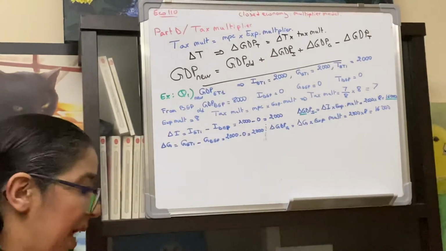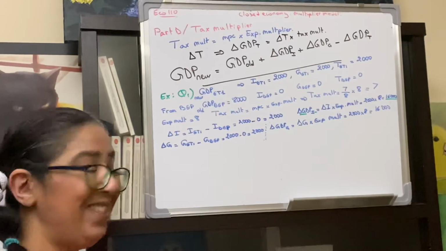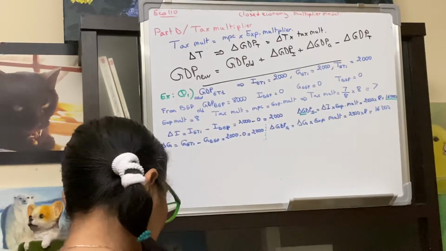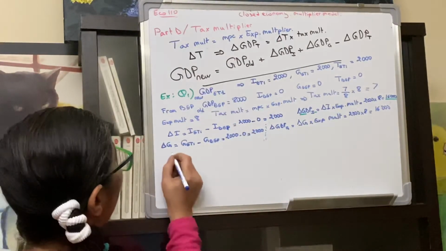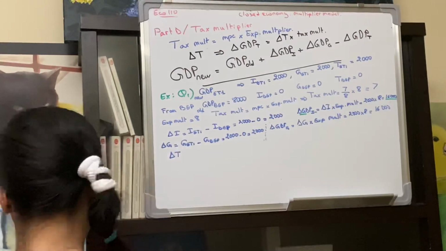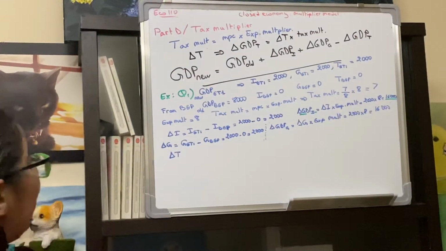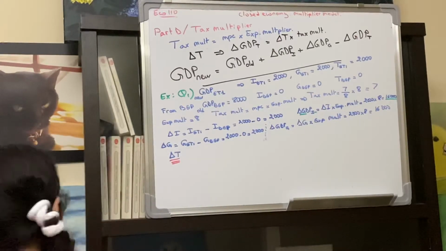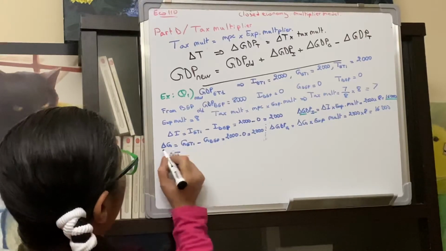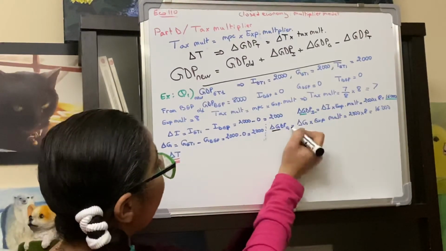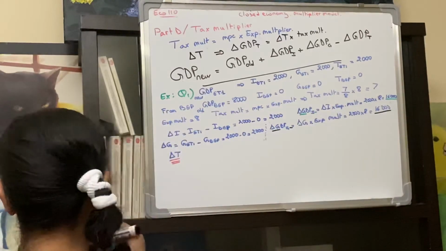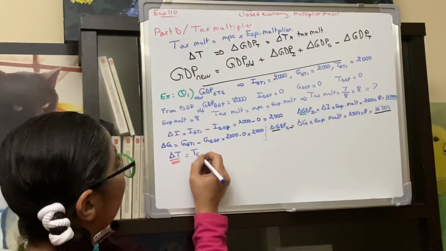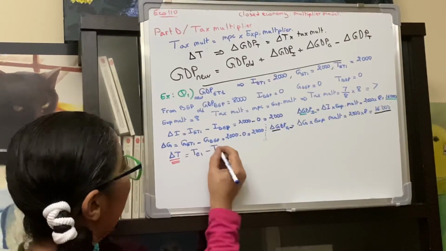Okay? Now comes the tax. Same number, but not the same result. So, delta T, that's the one I'm studying right now. I'm going to put delta GDP here in black. Now delta T is equal to the tax at ET1 minus the tax at BEP.